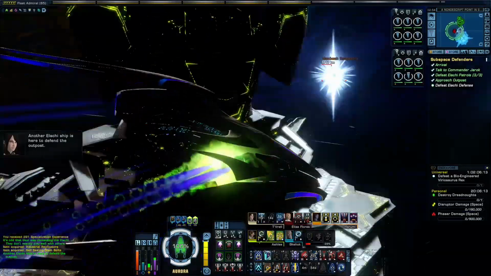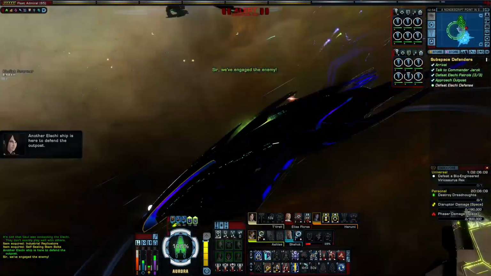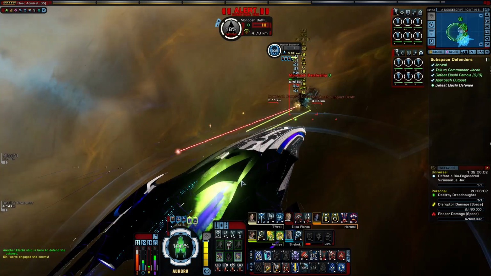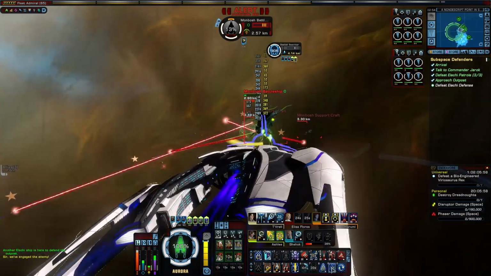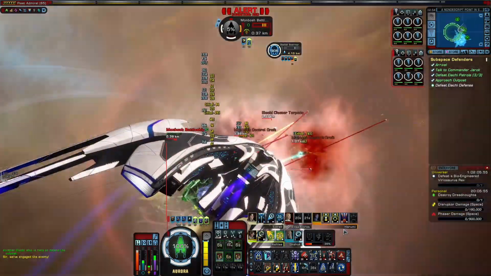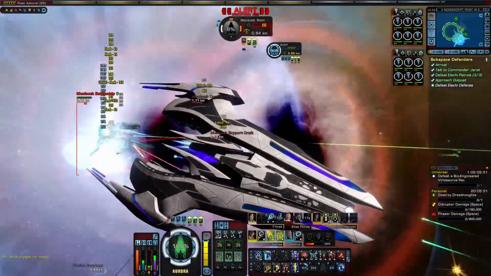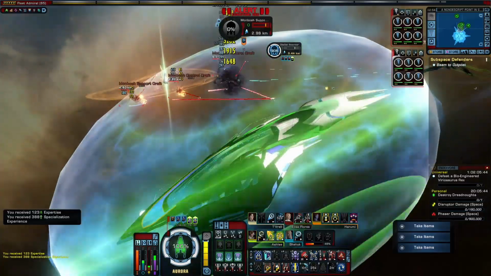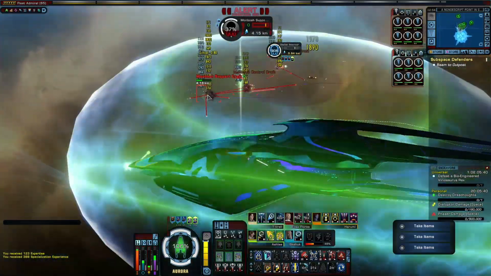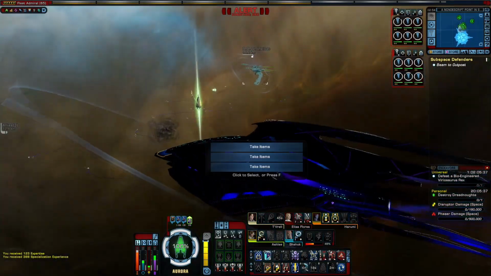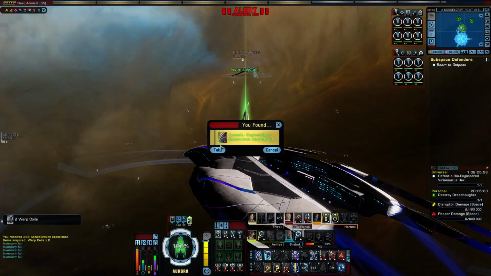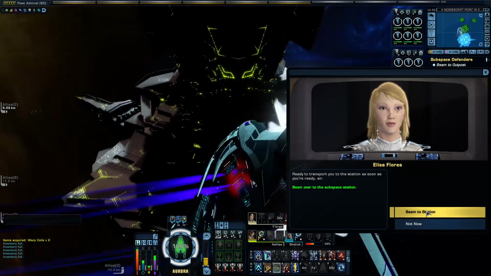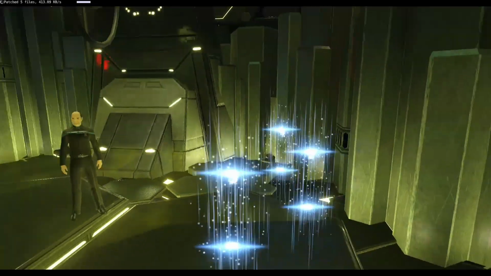Another Ilachi ship is here to defend the outpost. Good.